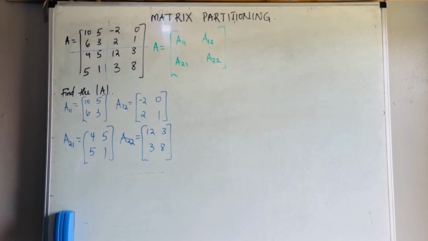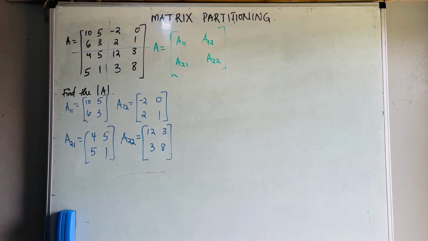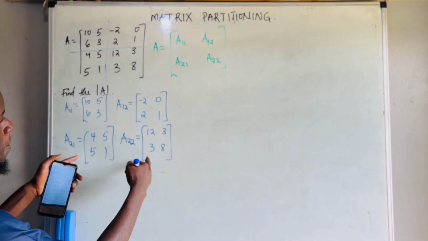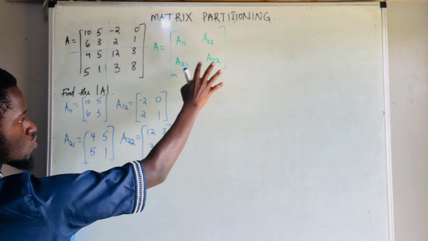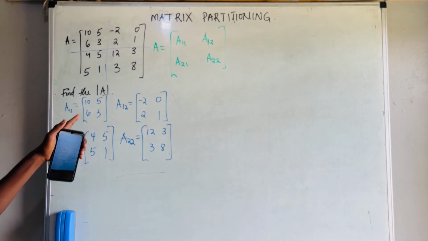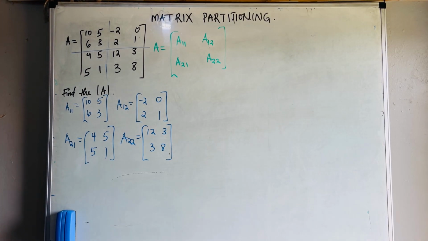Now, from these, members, we can appreciate that we finally transformed our big matrix into a simpler matrix. Note that we have to have A11 and A22 as square matrices, and here we have a 2 by 2 and a 2 by 2. What we need to do is use any method we want.